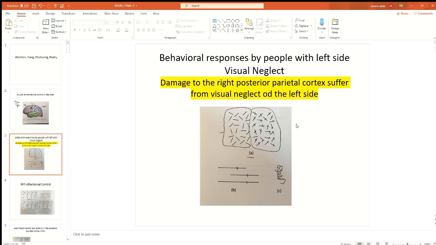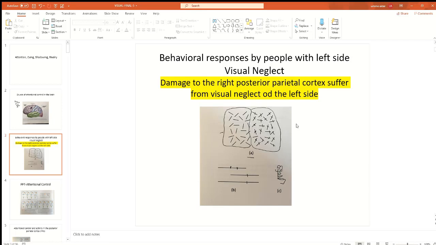And this is another task he was given. He was told to place a mark at the center of the line. So in each case, you see the patient placed the mark too far to the right. So that indicates that the left end of the line was neglected.